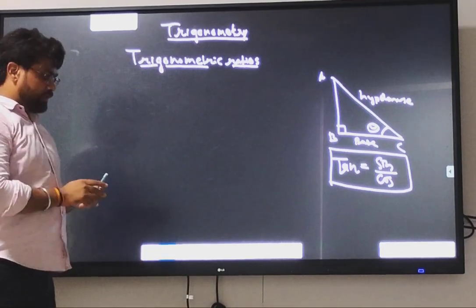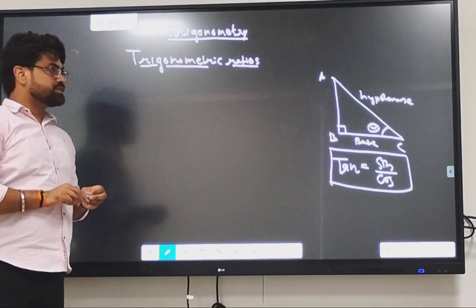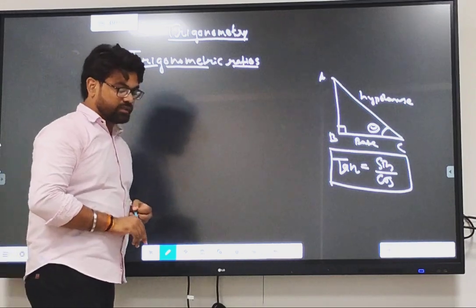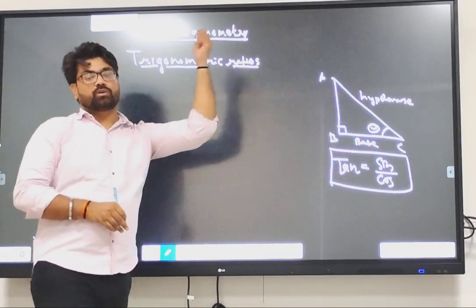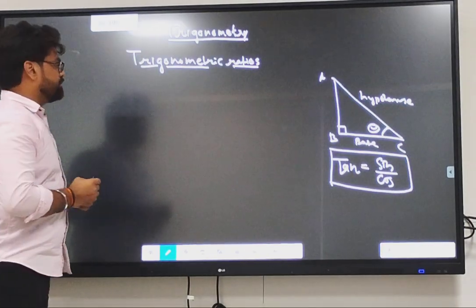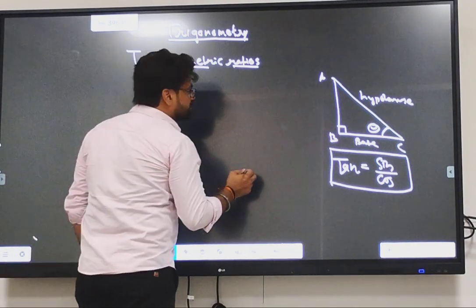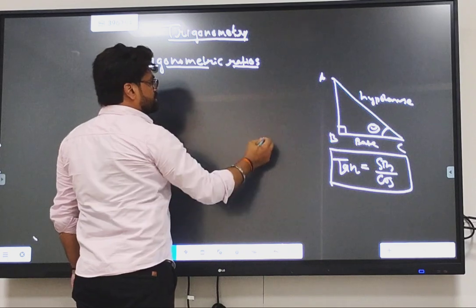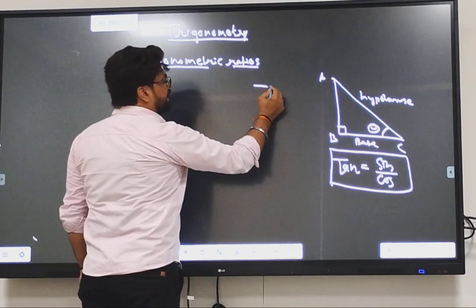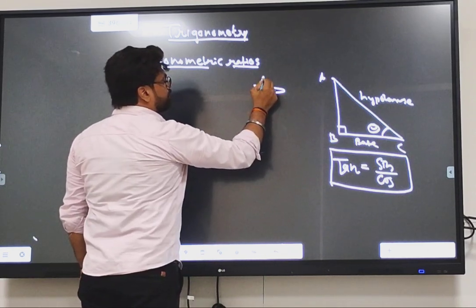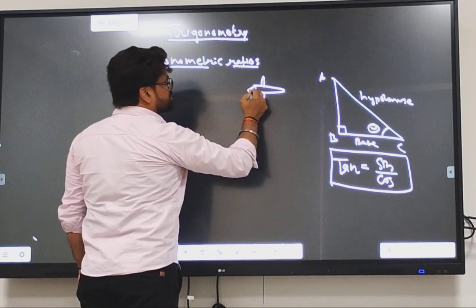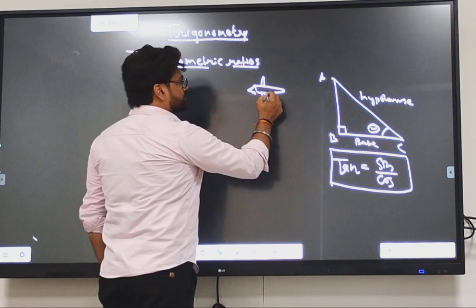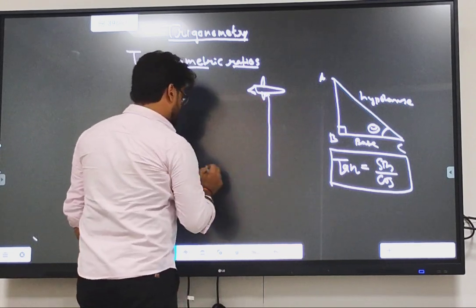Okay, so now all these things that we have studied about trigonometric ratios and values of trigonometric ratios at different angles, how are we going to utilize this? So suppose I give you a question here that we have an aeroplane. Okay, we have an aeroplane flying. Suppose this is a plane that is flying at some height on the ground.